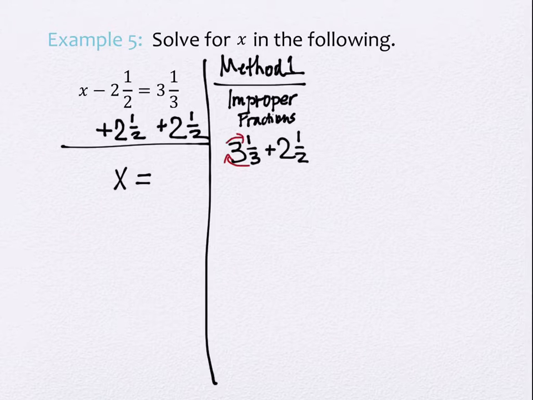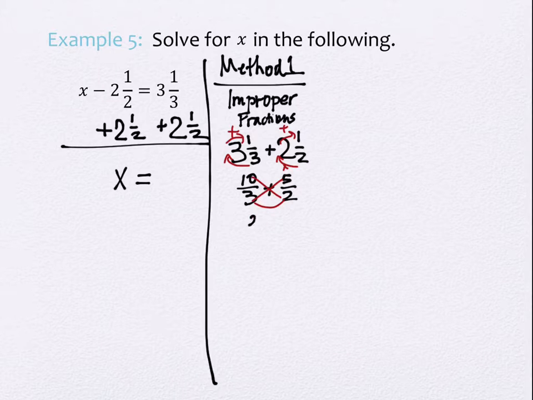So 3 times 3 plus 1. 3 times 3 is 9, plus 1 is 10. So this is 10/3. Do the same thing over here. 2 times 2 is 4, plus 1 is 5. So I have 5 halves. I need to either get common denominators, or we can apply the definition that we saw before, since they don't have anything in common.